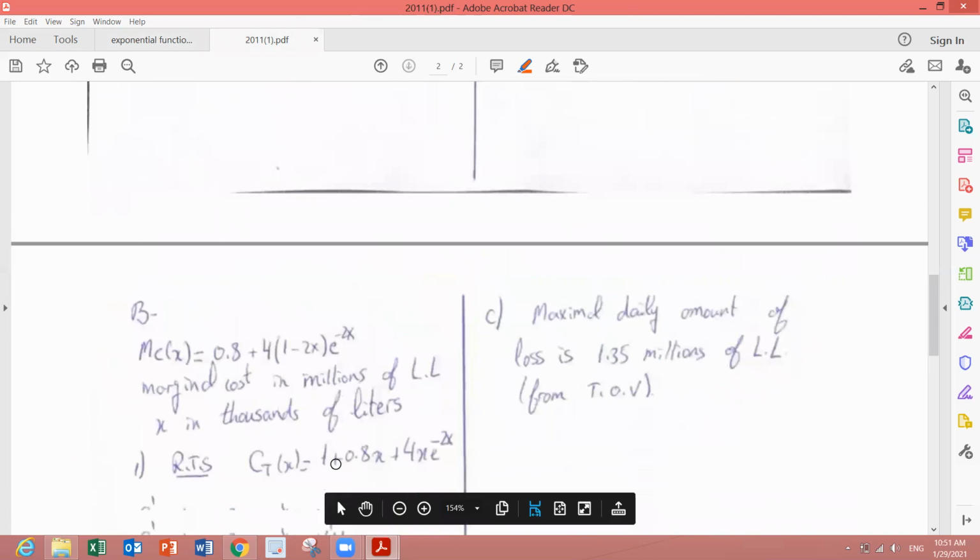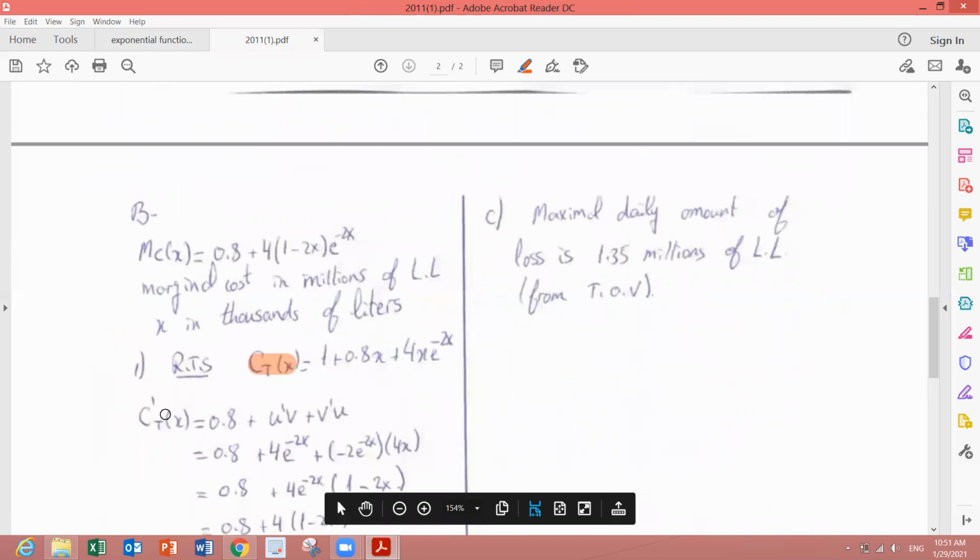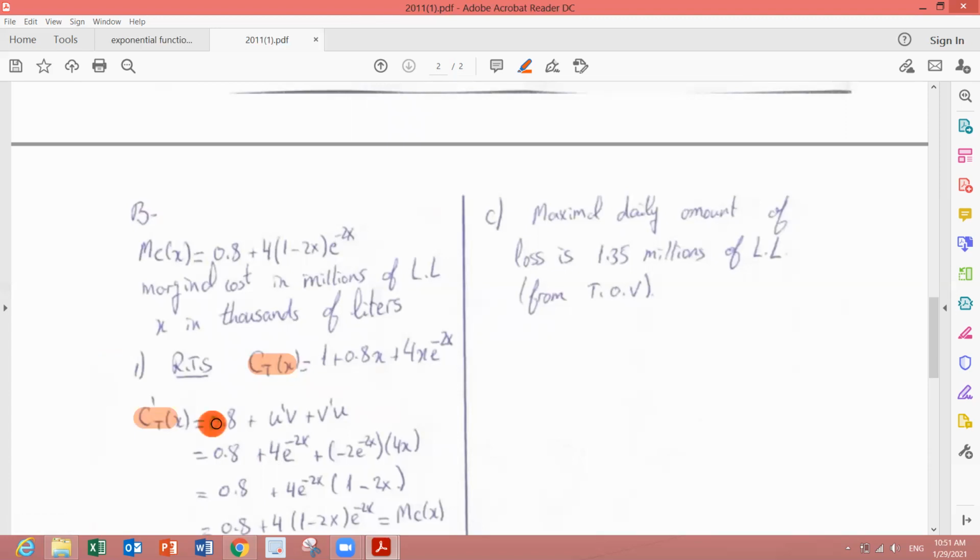Now, this is the total cost. How to find its derivative? What is the form? 0.8 plus u dot v. Derivative of 1 is 0. Derivative of 0.8x is 0.8. And this is u dot v. I write the rule u prime v plus v prime u.